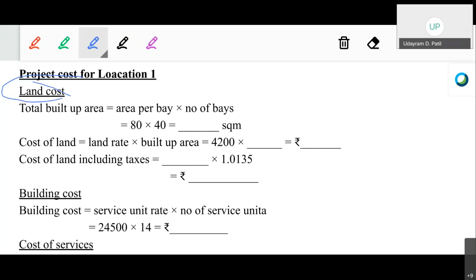So the total built up area of the proposed structure will be equal to area per bay multiplied by number of bays. That will give us the total built up area for that particular project. So 80 is the area per bay, and the number of bays, sorry, the number of bays is 14, not 40.